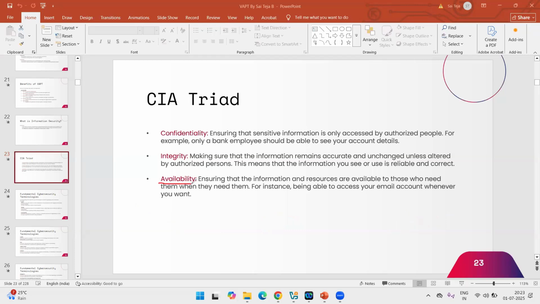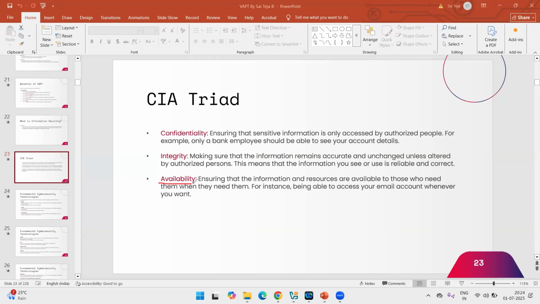And then the availability. When I say availability, whatever resources we have should be available to the people whenever they want to access it, whenever the authorized people want to access it. For example, you have an e-commerce website, and you will have some regular customers who will be coming and doing some shopping.